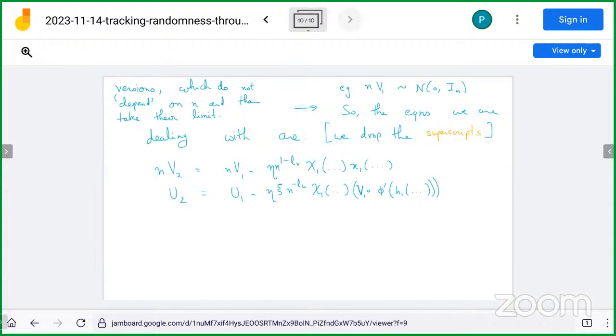This is just an IID; each entry is an IID variable whose variance is not dependent upon n. So what should I put for the exponent? It should be 1. If it is 1, then at least these distributions are changing in a way independent of n. Okay, what about this?